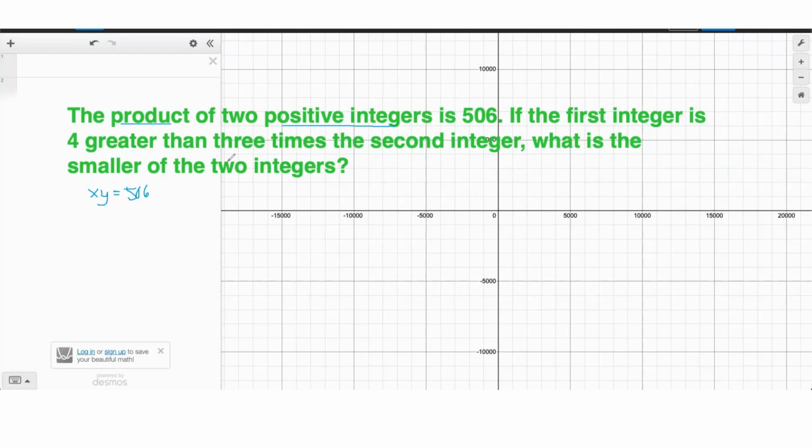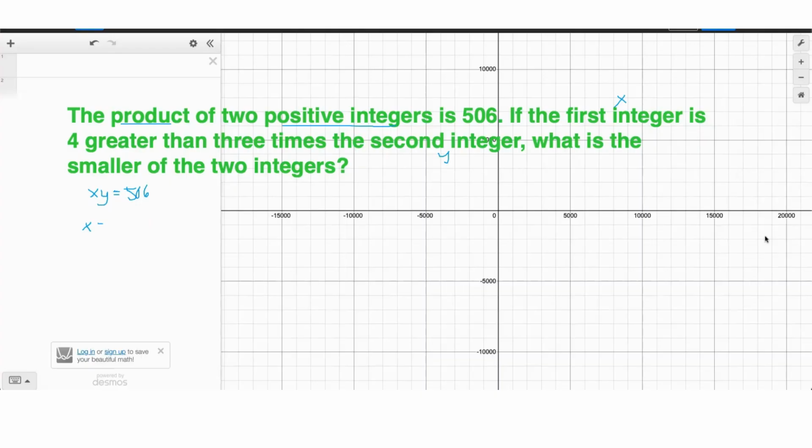They're also letting you know that the first integer, which I'm going to call x, is 4 greater than 3 times the value of the second integer, which we're going to designate as y. So what they're trying to let you know is x equals 4 greater than something, so that designates addition.